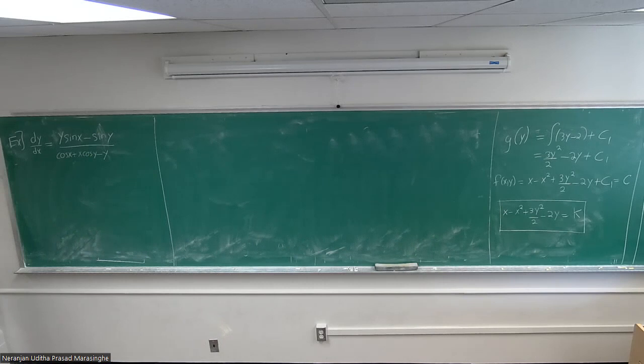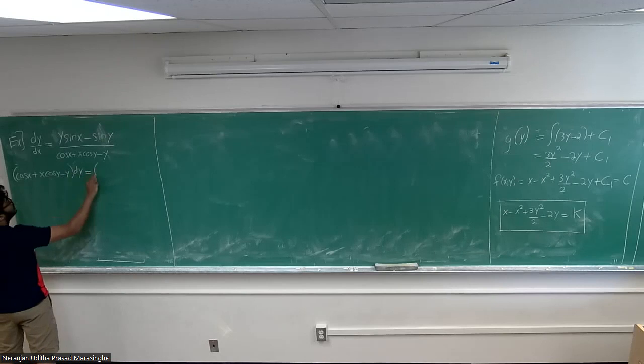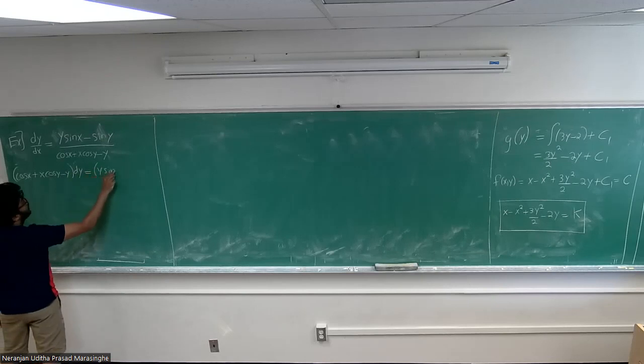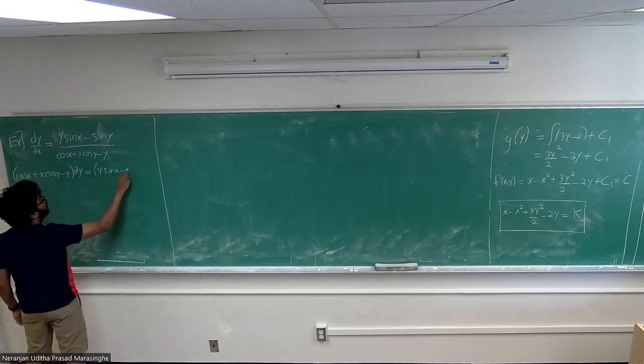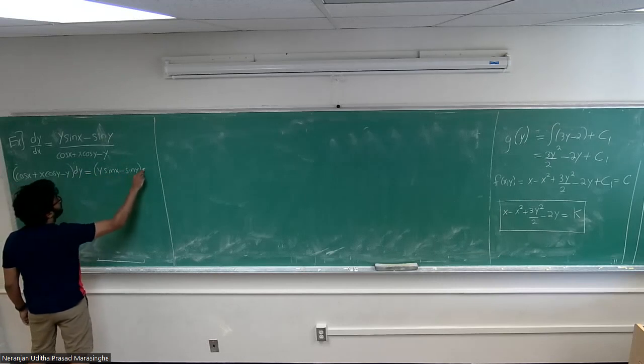Is this an exact equation? Just check the partial derivatives, right? So what would you get? Cosine of x plus x times cosine of y minus y dy equals y sine x minus sine y dx.